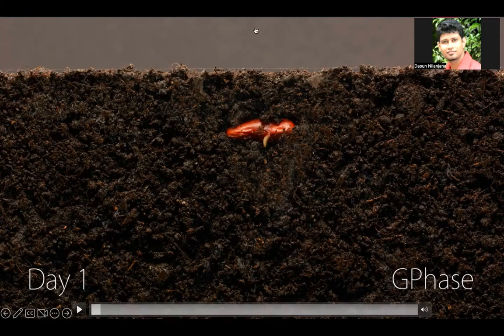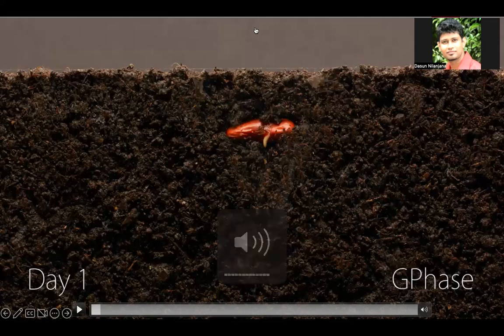So let's take 10 days, which is 240 hours. Let's consider the 10 days of growth. What if you take a picture every hour for 10 days? How many pictures will there be in total after 10 days? Each hour you are taking a picture.